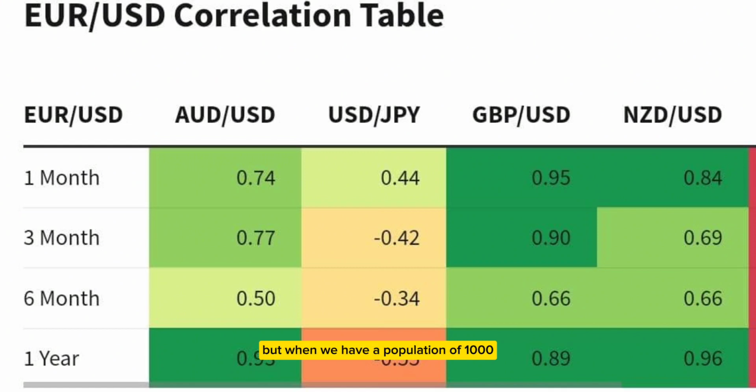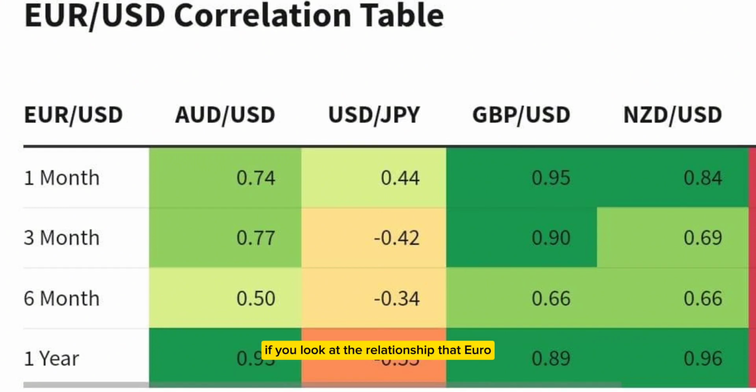But when we have a population of 1,000 and you take 900 to do a calculation to speak about the entire population, you are most likely to have a more accurate figure of judgment. The same thing is applicable to correlation of currency pairs. So we're going to be focusing on the data of 1 year, the correlation coefficient calculation for 1 year.